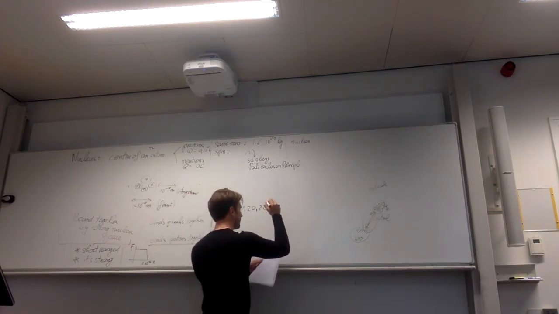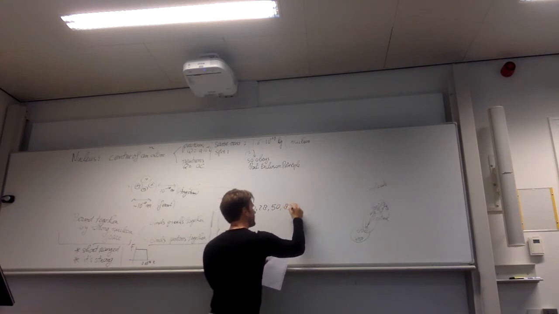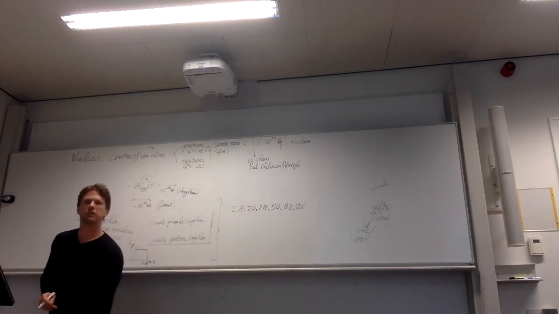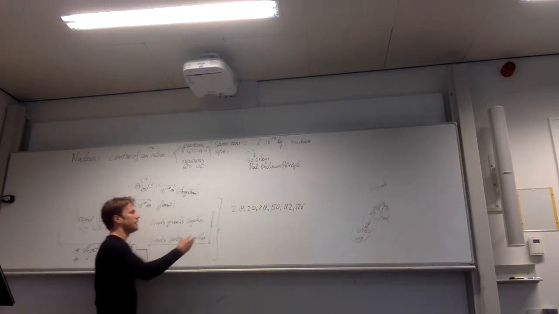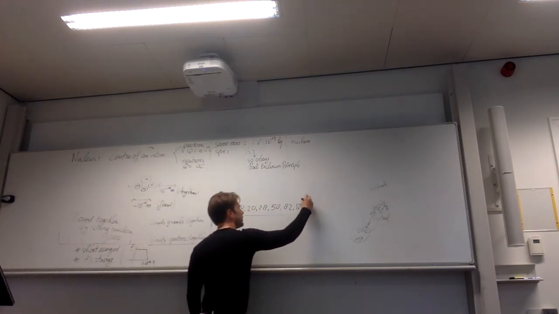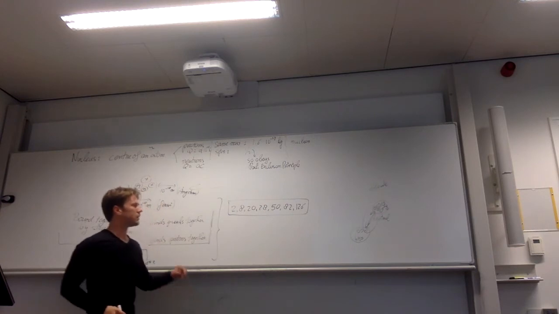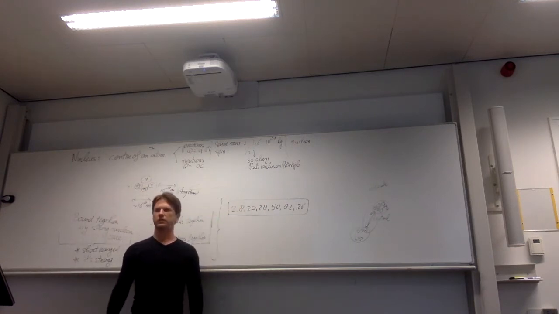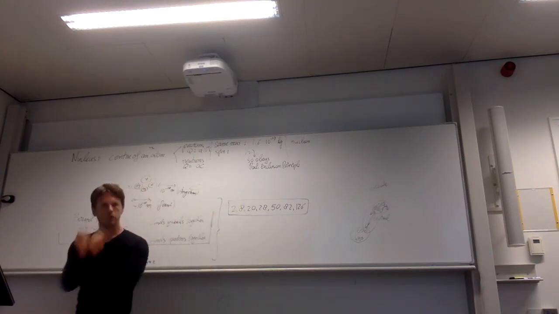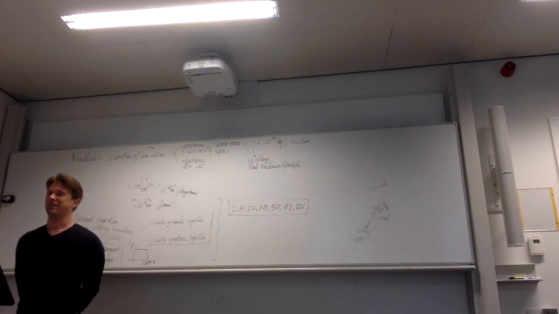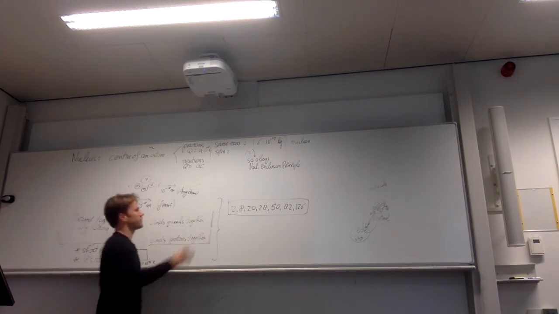From this moment on it becomes experimentally a little less certain, but especially the first numbers you can trust blindly. If your number of protons or neutrons obeys one of these numbers, your nucleus is going to be very stable. Yes? Are these the so-called magic numbers? Yes, those are the magic numbers.